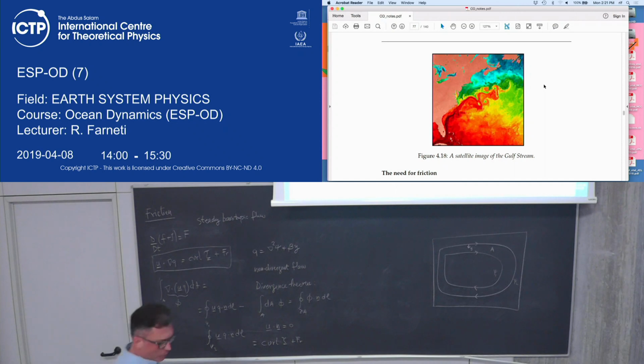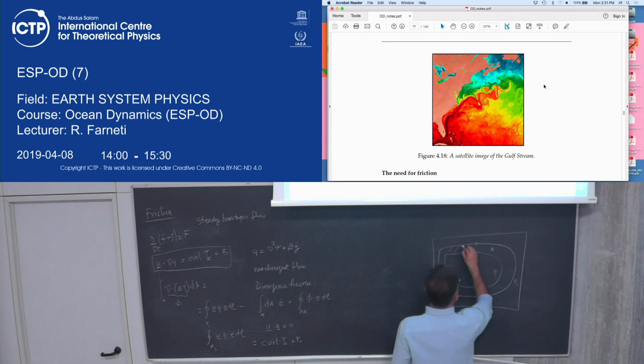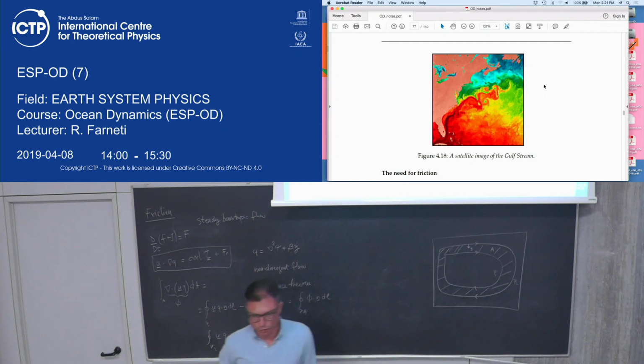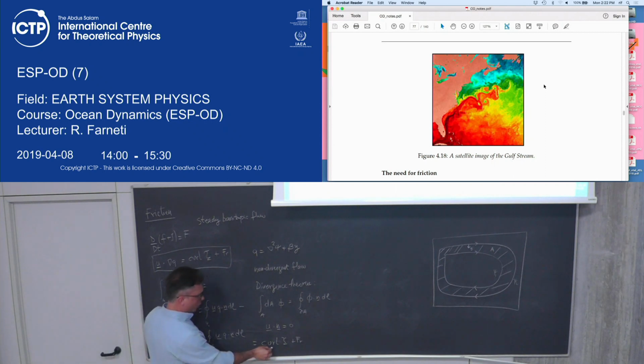So the curl of tau over the area A, so the vertical integral of the curl of tau here, doesn't go necessarily to 0. Okay. It could, but usually doesn't. So this term is not equal to 0.